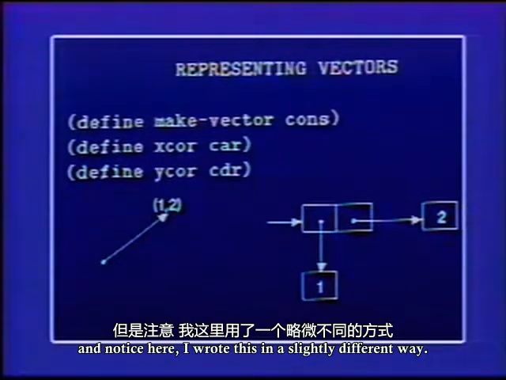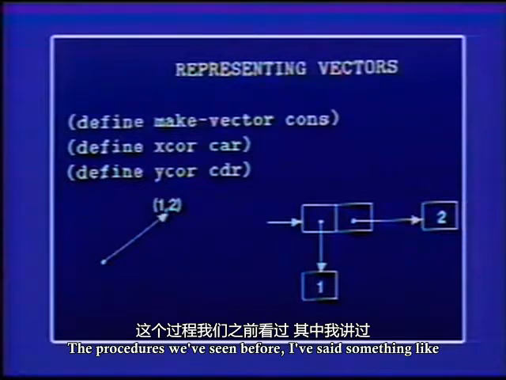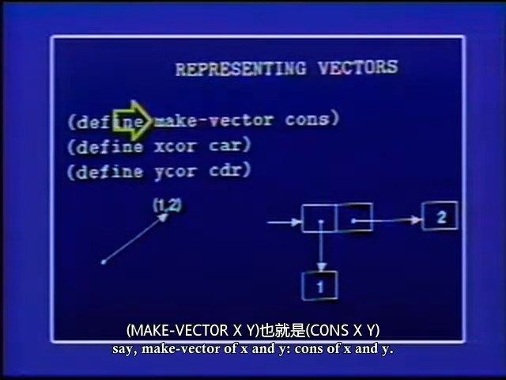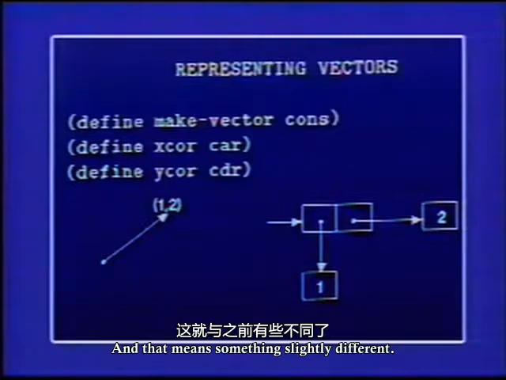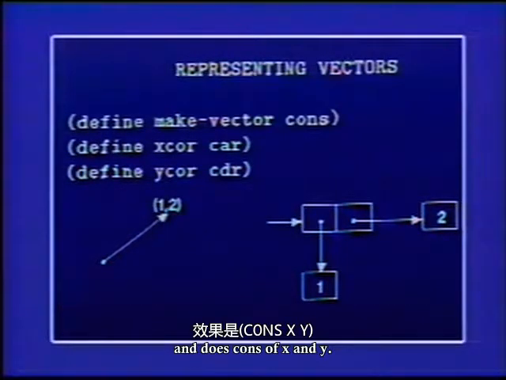Notice here I wrote this in a slightly different way. The procedures we've seen before, I said something like, make-vector of x and y, cons of x and y, and here I just wrote make-vector cons. And that means something slightly different. Previously we'd say, define make-vector to be a procedure that takes two arguments x and y and does cons of x and y.